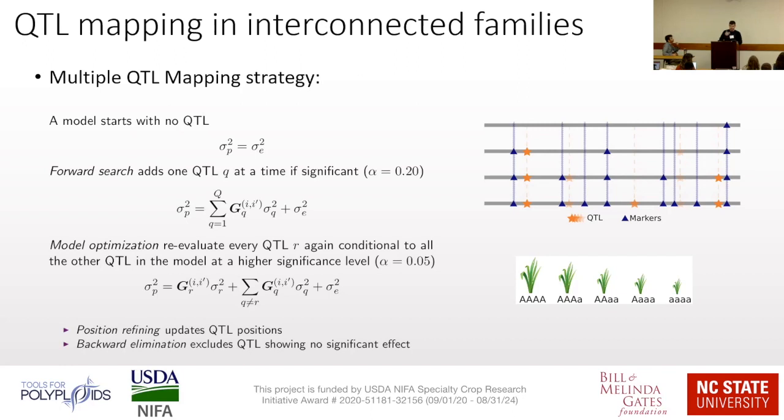Then we proceed to a model optimization, where we lower the threshold a little, so we are more stringent this time, and we reevaluate every QTL, now conditional on the other QTL that were found in the previous step. We keep doing this iteratively until no QTL is added or dropped from the model. Once the model is stabilized, we have our final set of putative QTL. So that's our basic strategy.